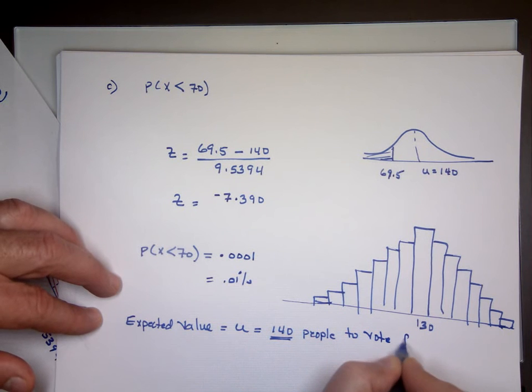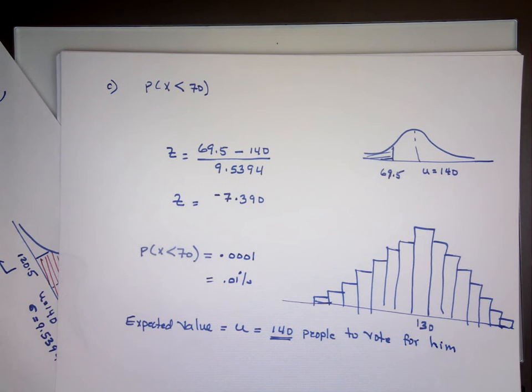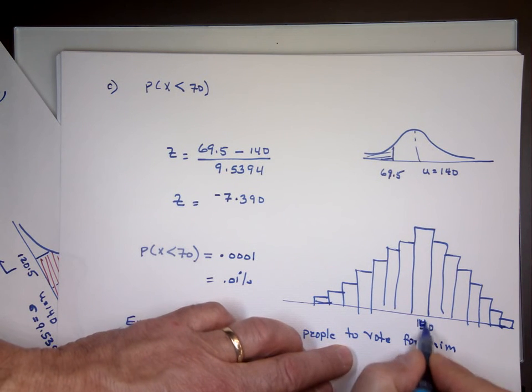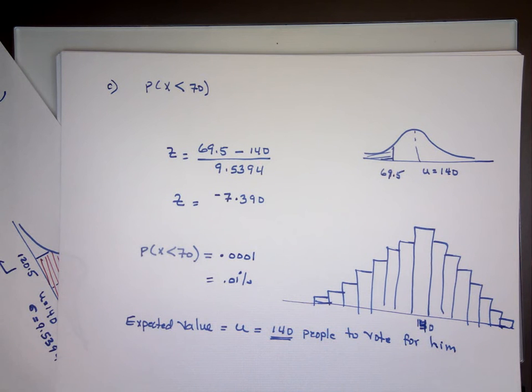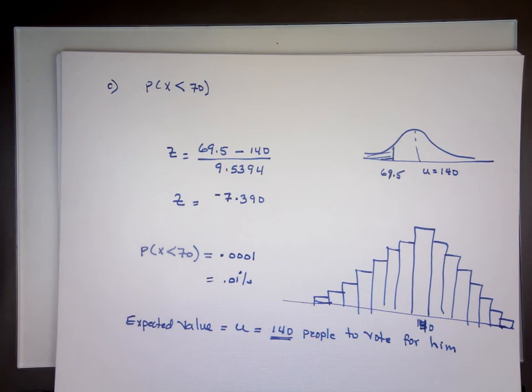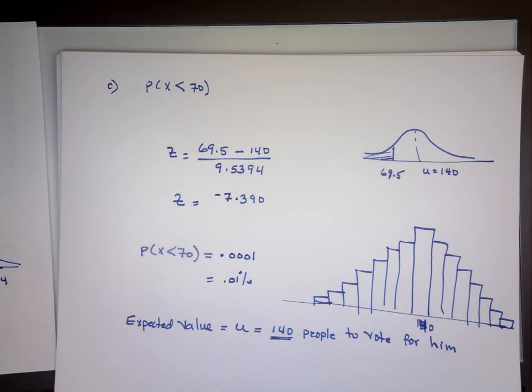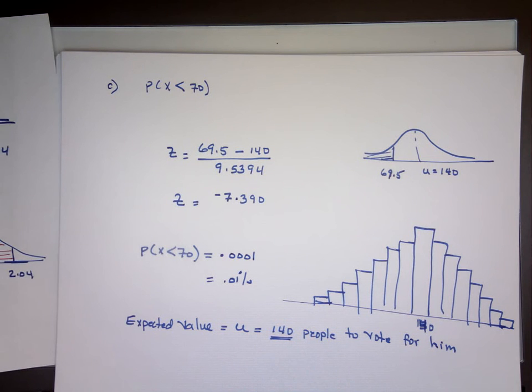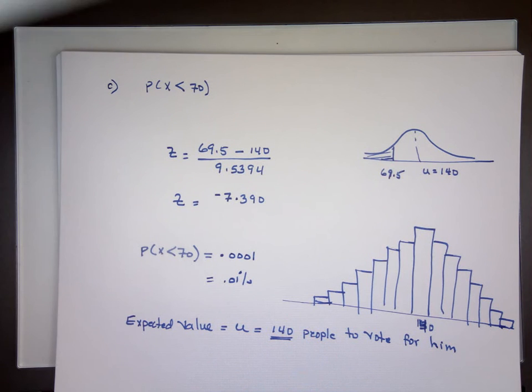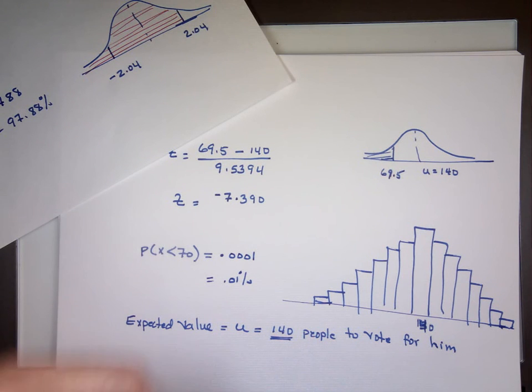There's so many numbers all over. So we expect 140 people to vote for him. Around that number, the probability is high. As you go away from that number, the probability will shrink.